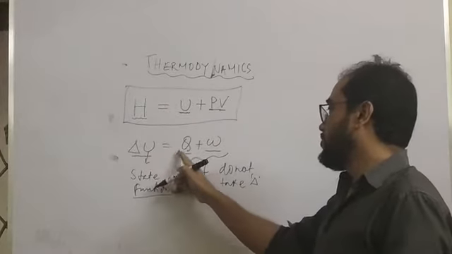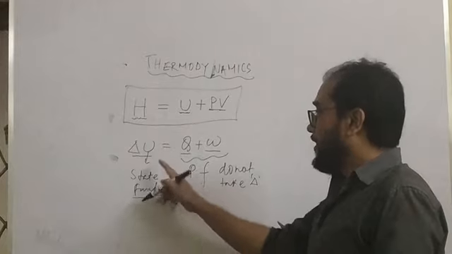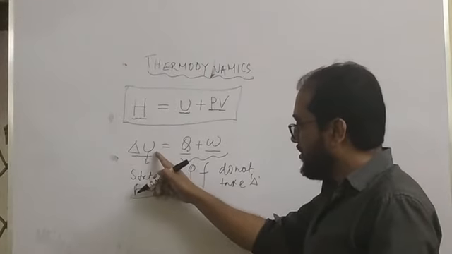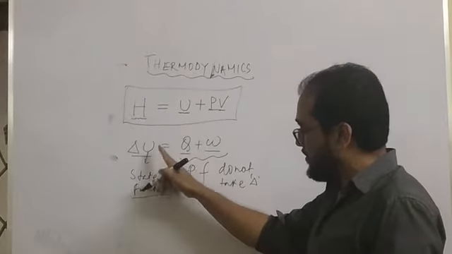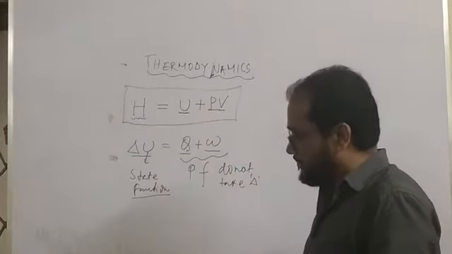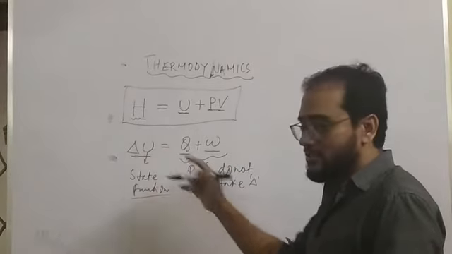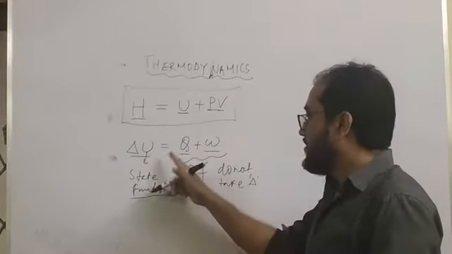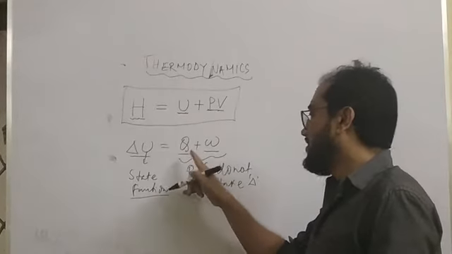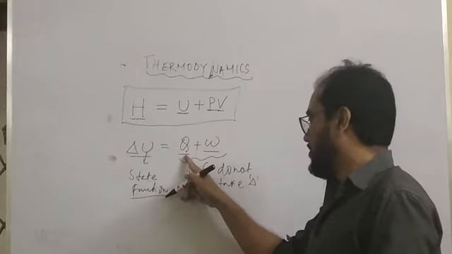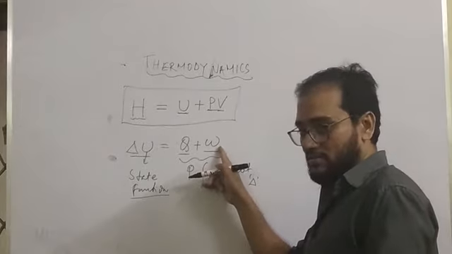Now delta U equals Q plus W. You are changing the state of a system, that's why energy is changing. And during that change, heat is absorbed and some work is done.